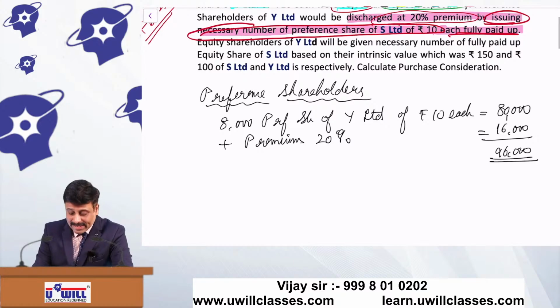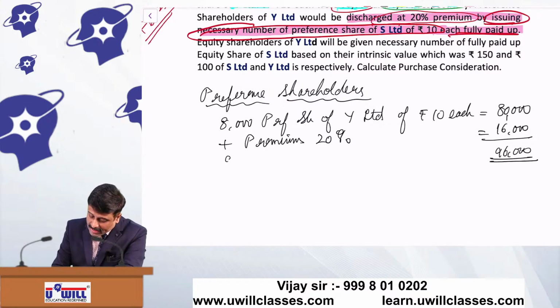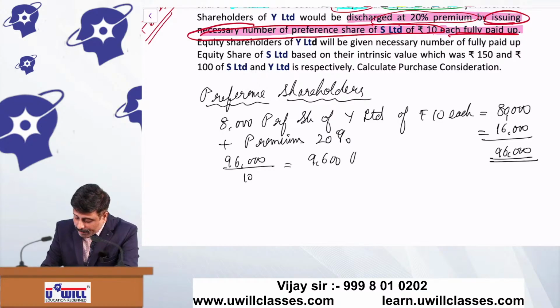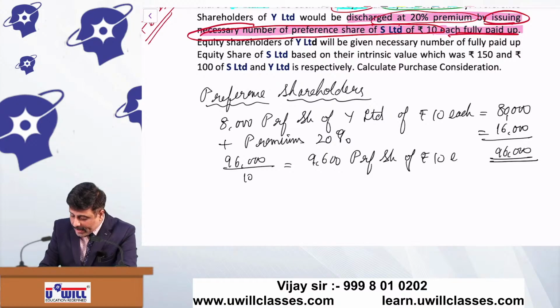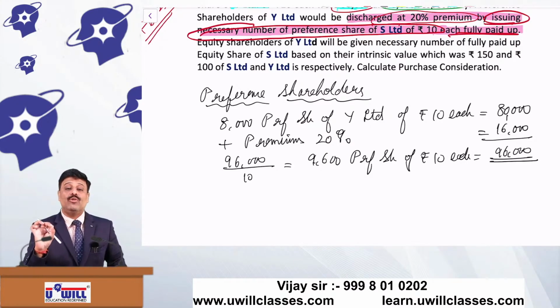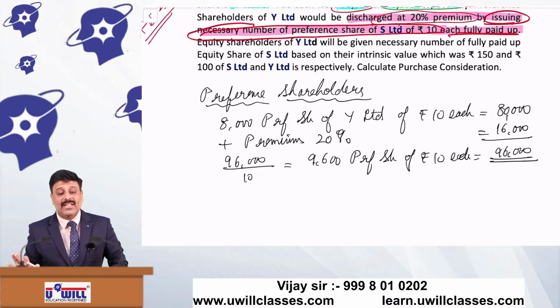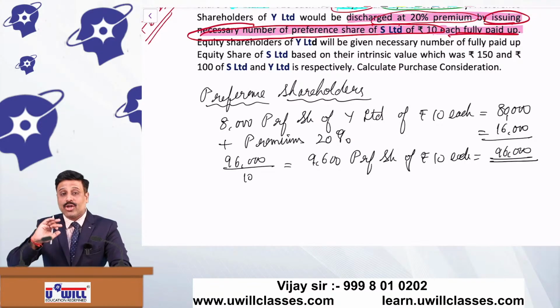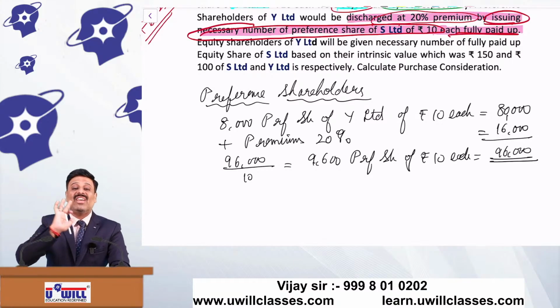So for this 96,000, we will be giving 96,000 divided by 10, 9,600 preference shares of rupees 10 each. The payment done will be 96,000, but at the 10 rupee face value, 9,600 preference shares will be given. No premium will be recorded, no security premium will be recorded in the books of S Limited.